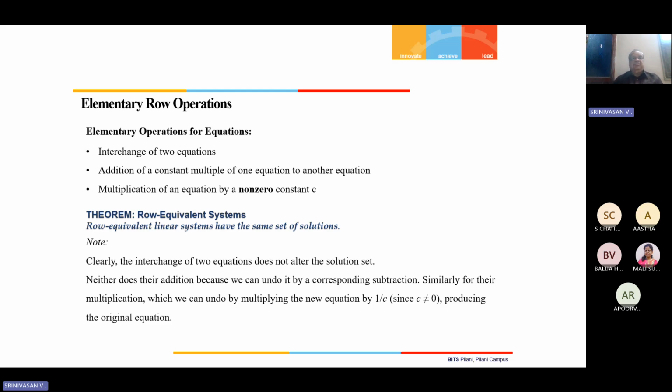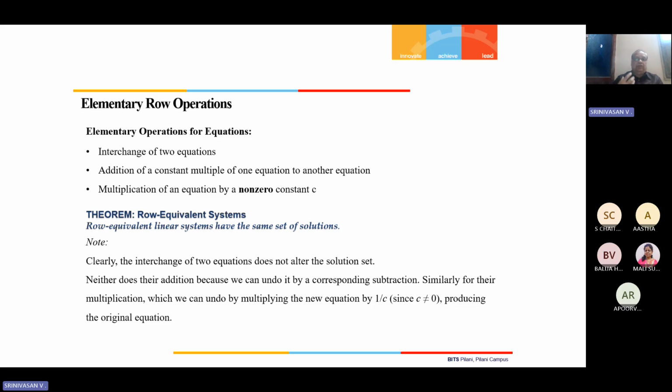That if you interchange, especially here we say interchange of two equations does not alter the solution set, and you might have experienced in expansion of determinants, by interchanging rows, what will happen? It will only make a change in sign. So like that, you have some properties which you have already seen as far as determinants were concerned.